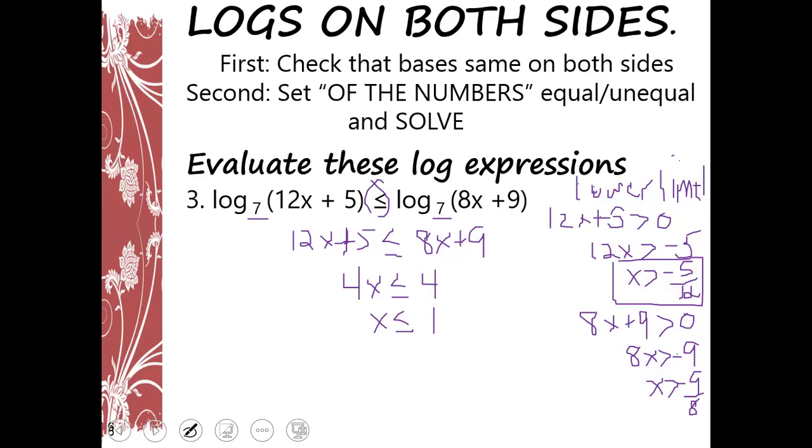However, I know that x has to be greater than negative 5/12 from my lower limit. In interval notation, I would write it as parenthesis negative 5/12, 1 bracket, just like that.